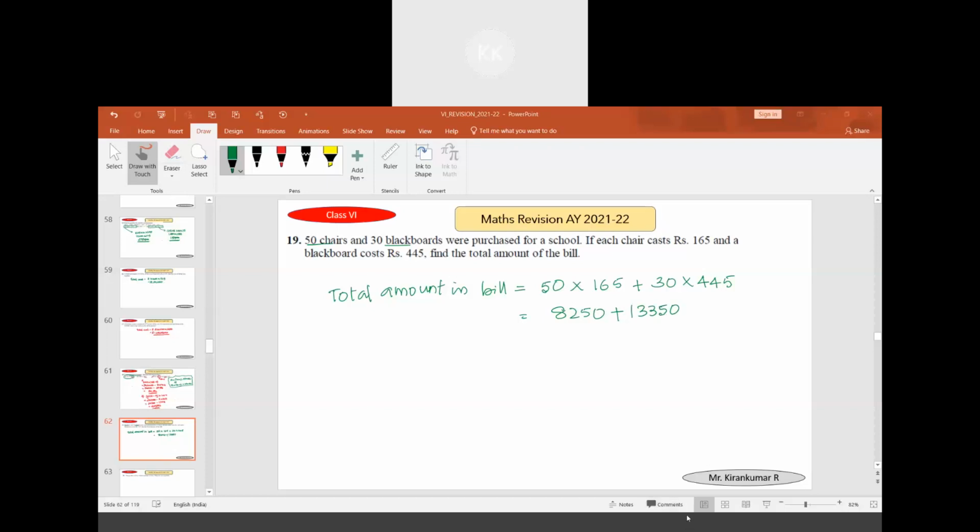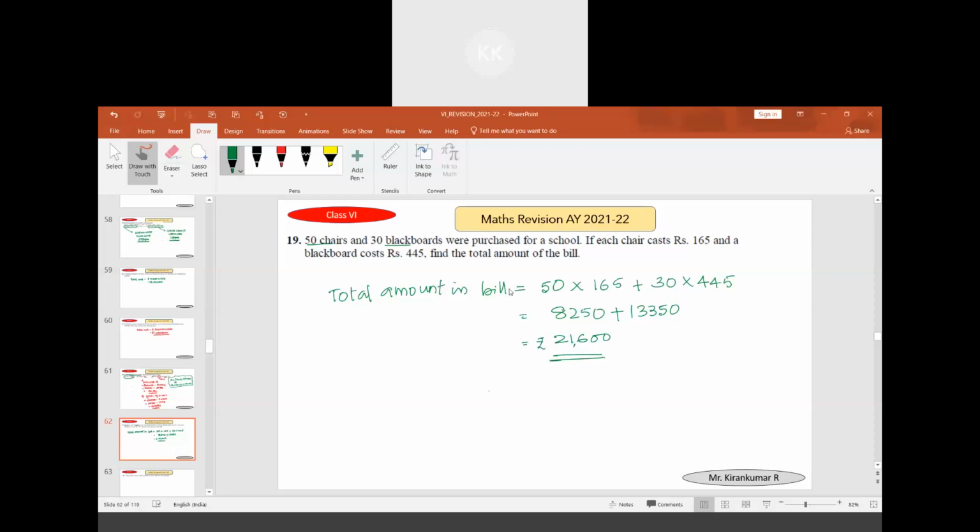Now these should be added. 8250 added to 13,350, how much do we get? 21,600. This is the total cost.